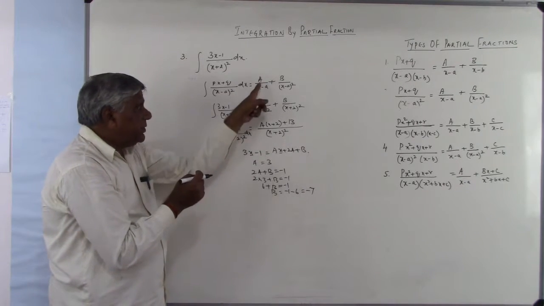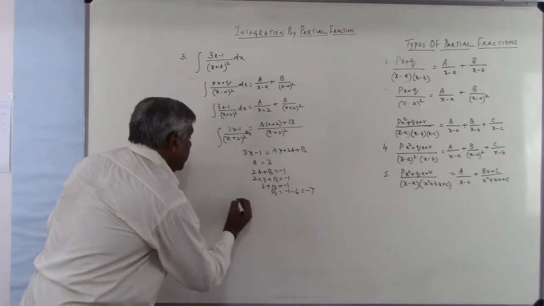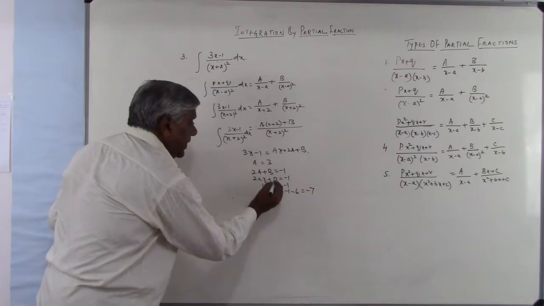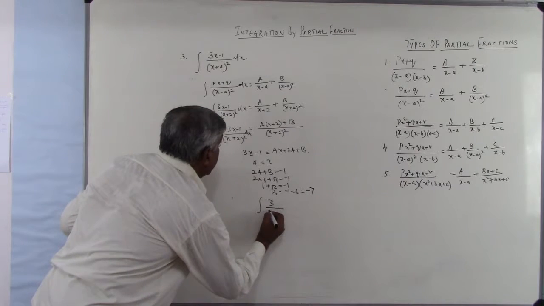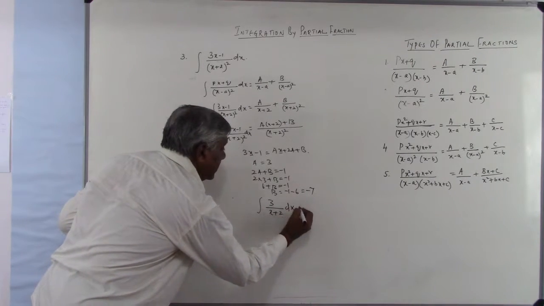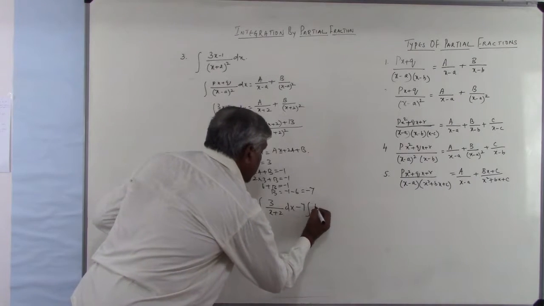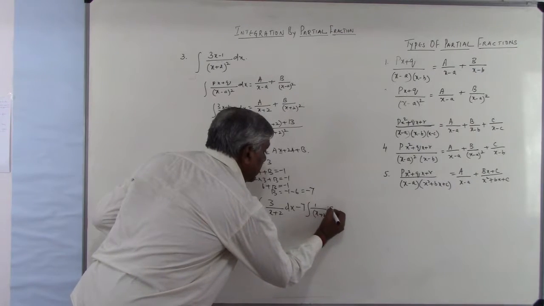Now we are going to substitute here. Therefore the integral becomes integral a, a is how much? 3. 3 divided by x plus 2 into dx minus 7 integral 1 over x plus 2 whole square into dx.